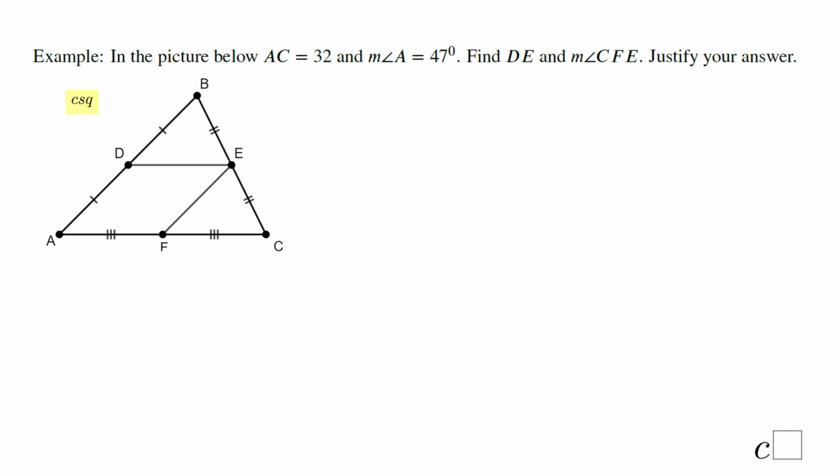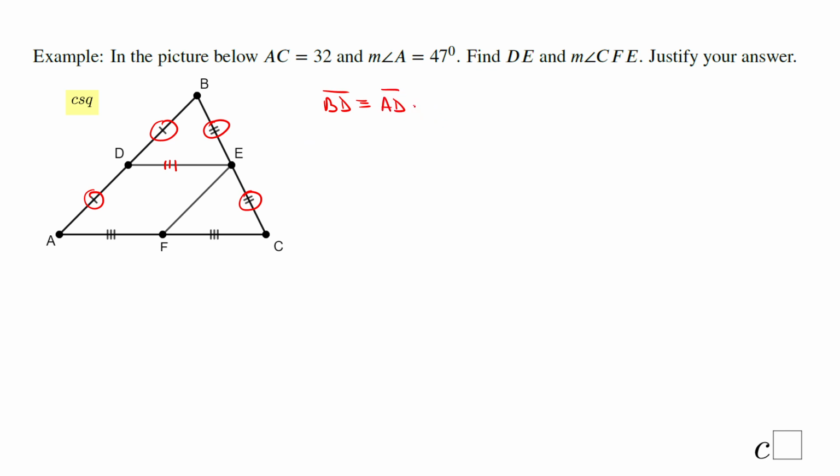In the picture below, AC is 32 and angle A is 47. Find the measure of DE. So we need to find this DE. Notice I marked these the same, like AF and FC. Why? Because we notice DE is a mid-segment. In the picture we notice BD is congruent with AD.